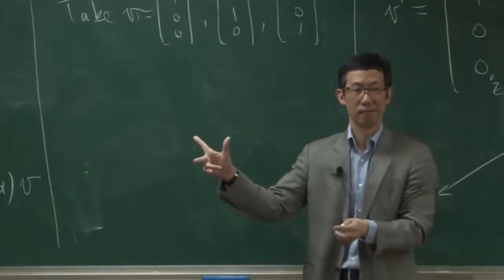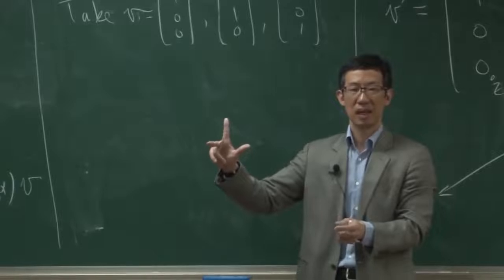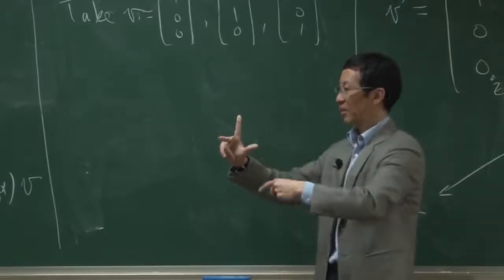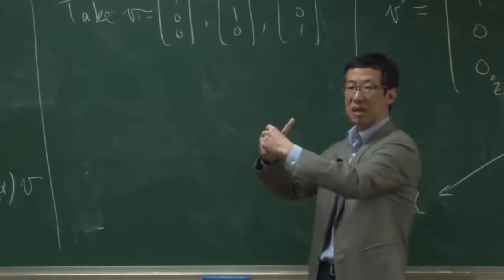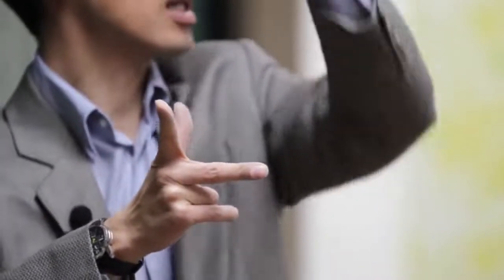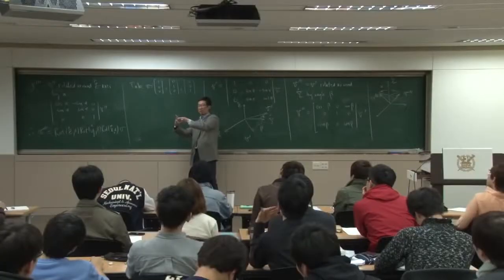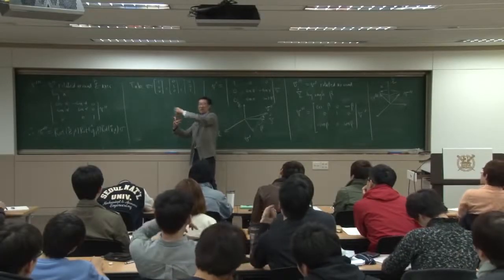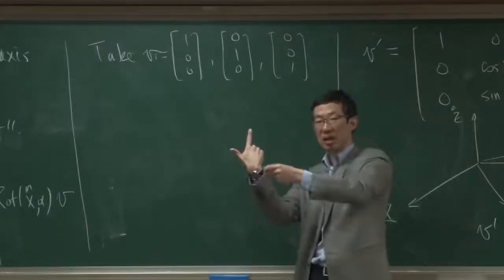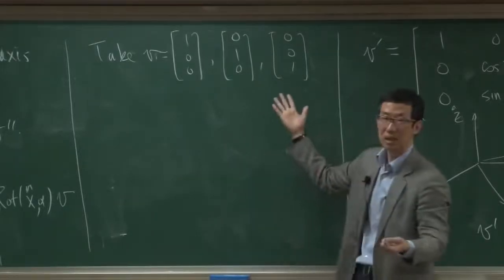So if I have some frame, and I rotate this frame around the fixed frame x-axis by some angle gamma, then around the fixed frame y-axis by some angle beta, and finally around the fixed frame z-axis by some alpha, I get a rotation.